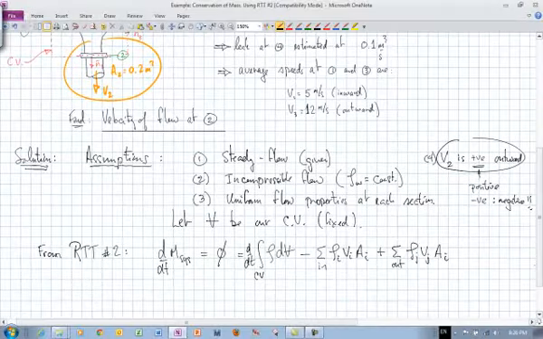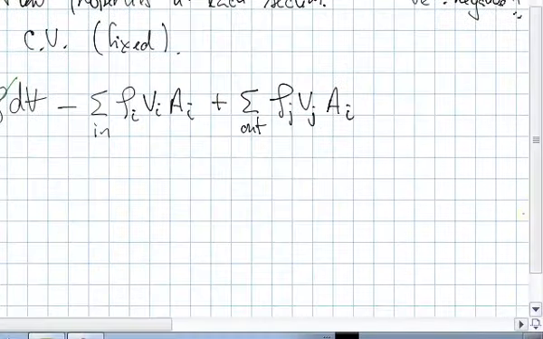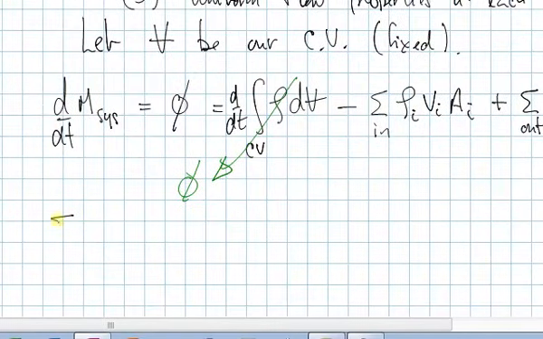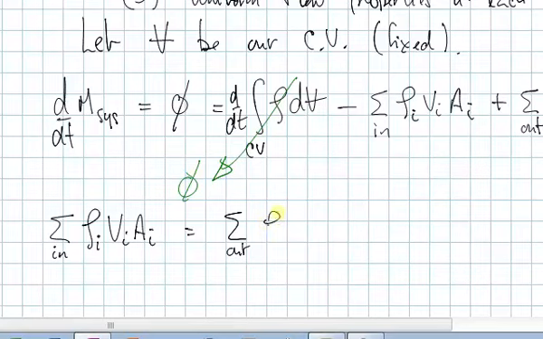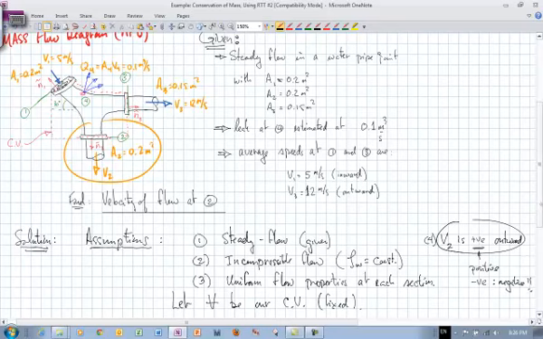So we know that the flow is steady, which means that term goes to 0, and we're left with the sum over all the inlets of rho_i V_i A_i equal to the sum over all the outlets of rho_j V_j A_j. Looking at our mass flow diagram, we have one inlet and 2 outlets.